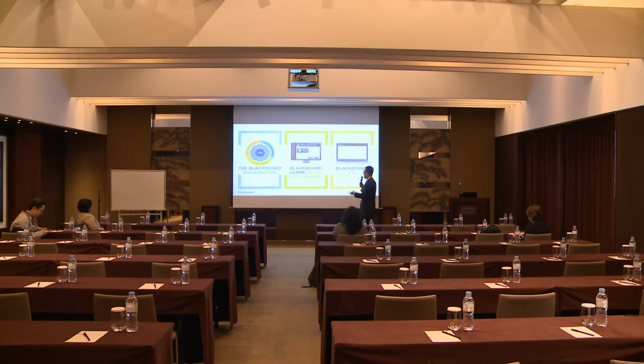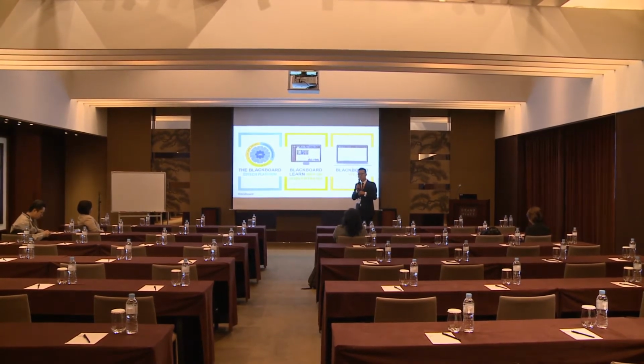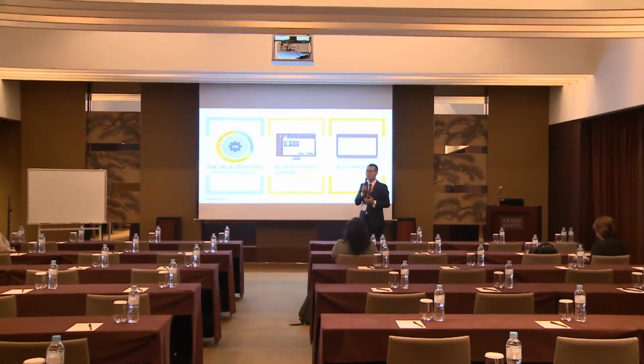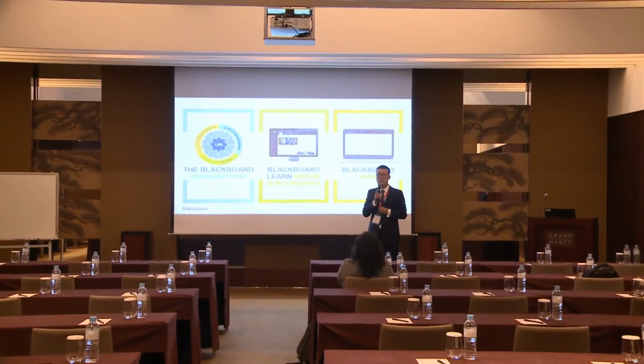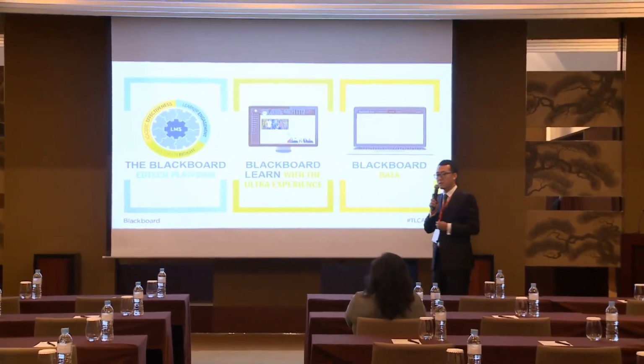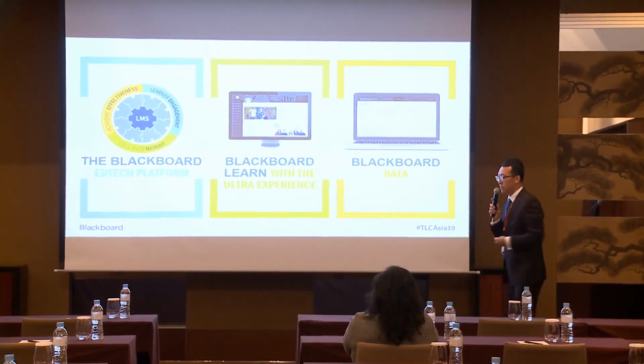Second one, we are moving clients to Learn SaaS, and we are moving products to Learn SaaS. After you move to Learn SaaS, the next step is to turn on Ultra, which is our newest experience. The third one, which I mentioned is important, is the data analysis, the big data tool of Blackboard Data, okay?